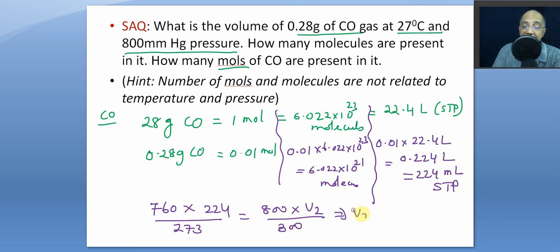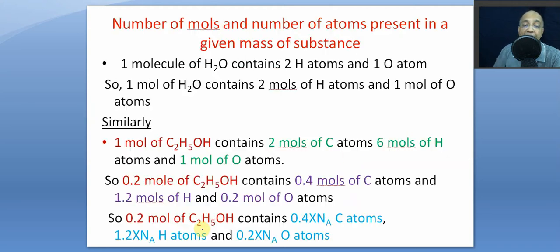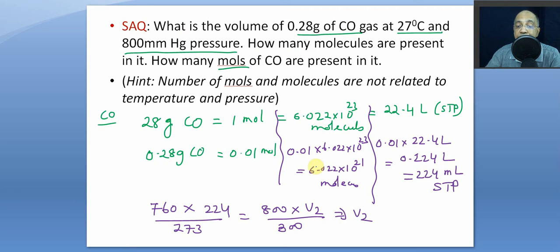So here I got volume, yes. This is the STP condition and this is the non-STP condition. I got the volume 233.84. Don't write STP because this is non-STP condition. So 224 at STP will become 233.84 milliliter at the given conditions, right?